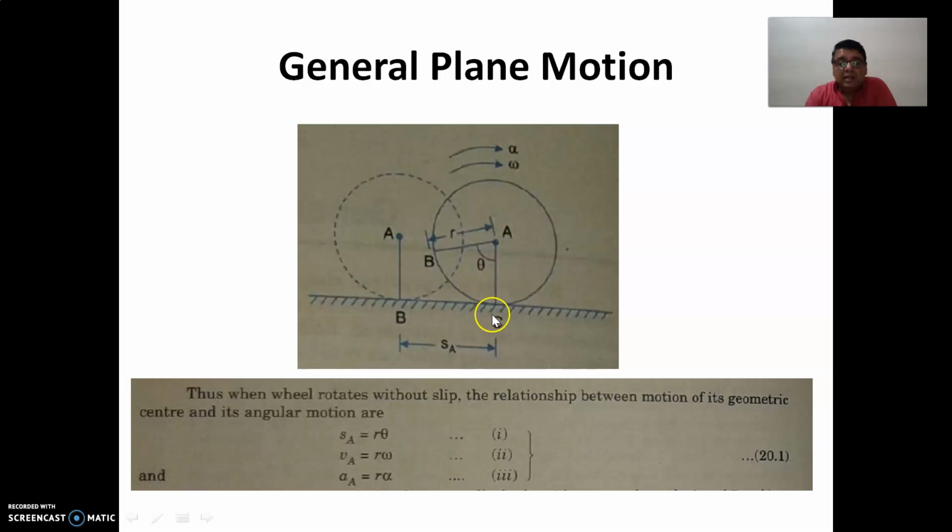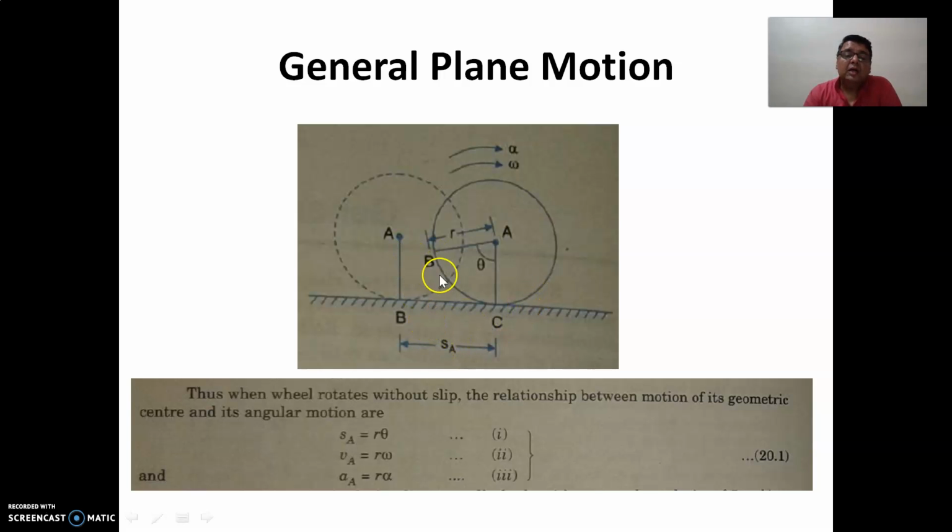And we can easily see that B to C is this SA. This SA is this distance, right? This B to C is this distance only.